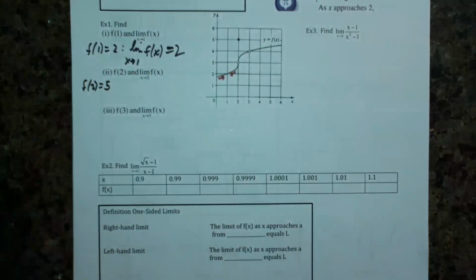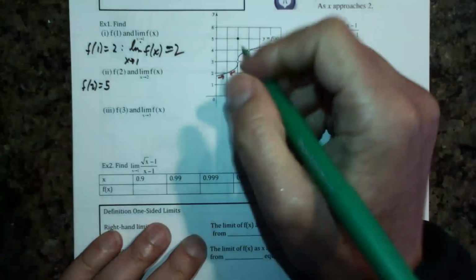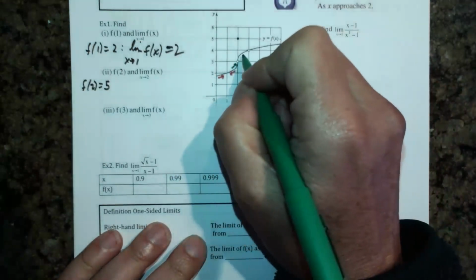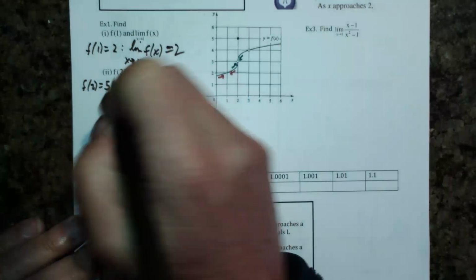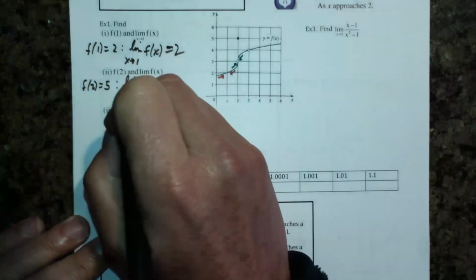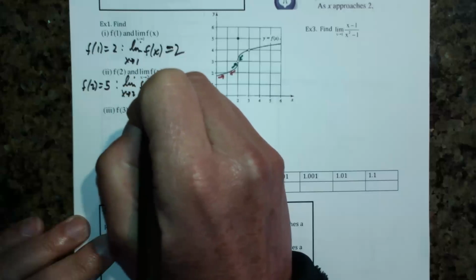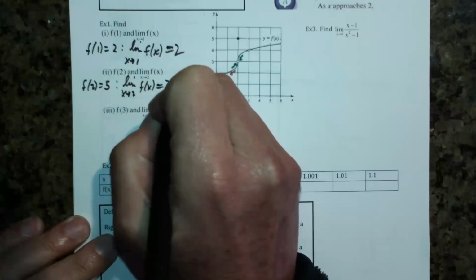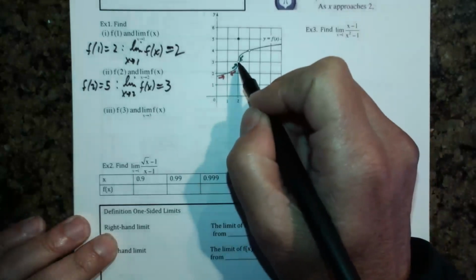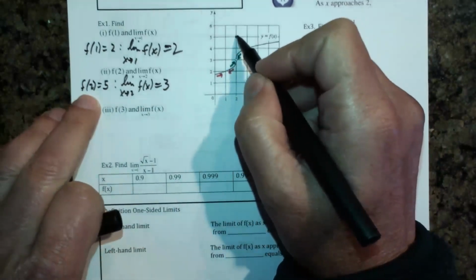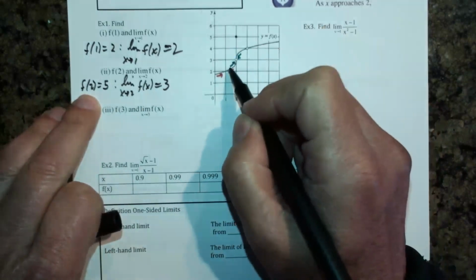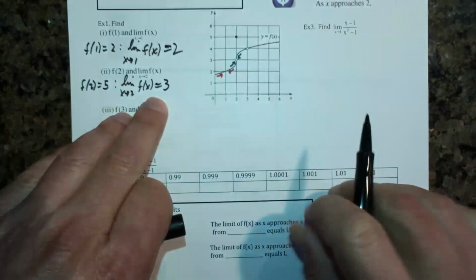But I'm going to notice with the limits, as I'm approaching from the left and from the right, the limit is going to be 3. Three in this case. Notice they're different. f of 2 is 5. We're way up here where we have the solid dot, but the limit is 3.